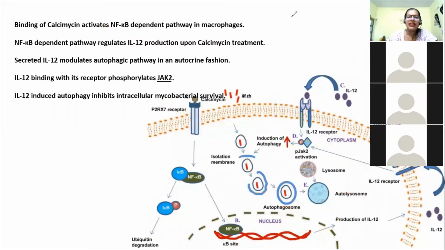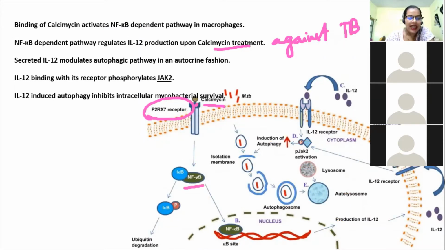Yeah, so I'll just explain once again, okay? So we are studying how calcimycin treatment works against TB, tuberculosis. So calcimycin goes and binds to your receptor called P2RX7. It goes and activates NF-kappa B. NF-kappa B is your transcription factor, okay?